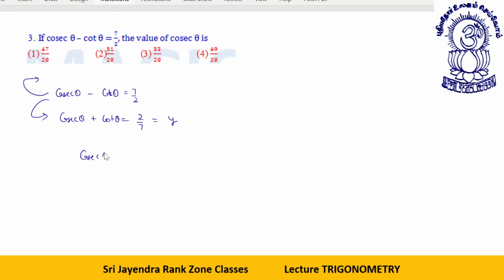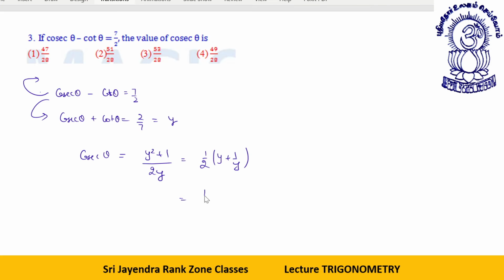Then cosec theta is what? Cosec theta, as discussed in our previous classes, will be y square plus 1 by 2y, or you can say it is 1 by 2 into y plus 1 by y.